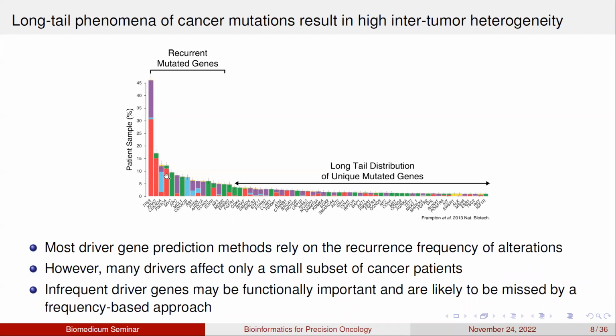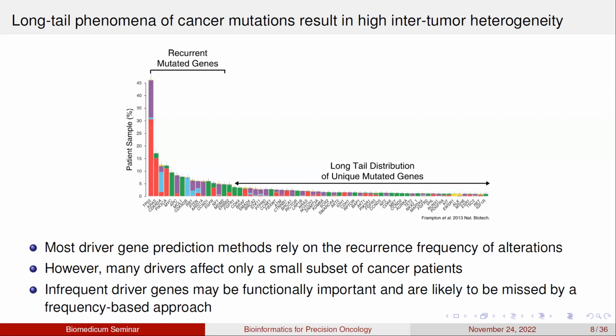But there is also a long tail of different mutations that might be functionally important and present in a very small fraction of patients, but could have a meaningful impact in driving those cancers. So it is very critical to identify this long tail of mutations, and identifying them is very, very difficult.